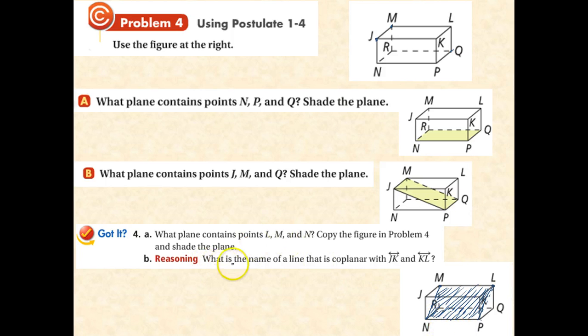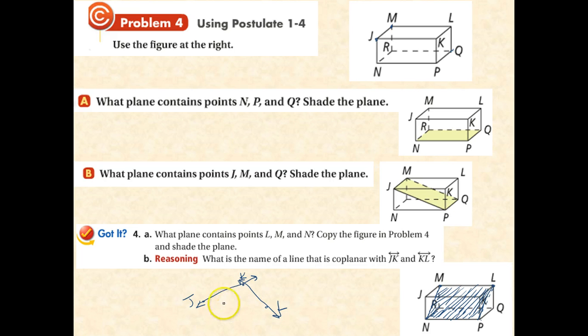So reasoning, what is the name of a line that is coplanar with JK and KL? If we've got 3 points, J, K, and L, we've got a line JK and a line KL.